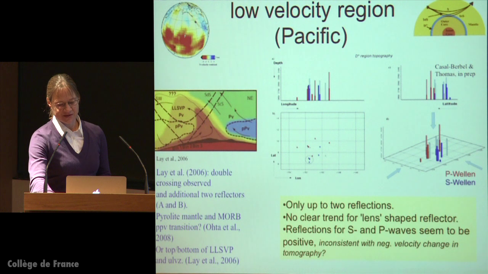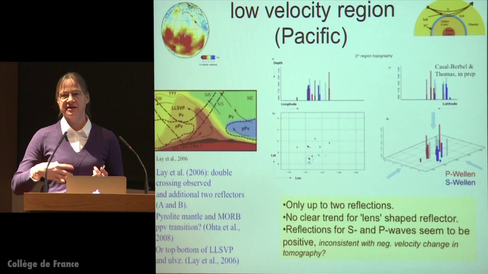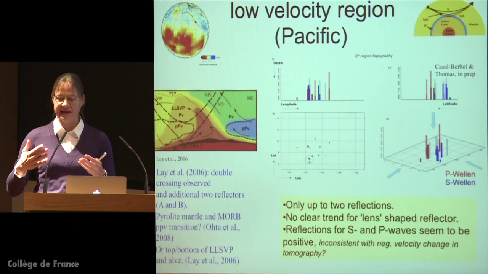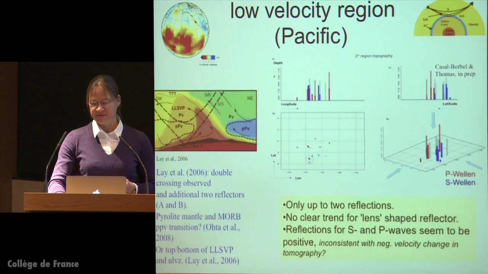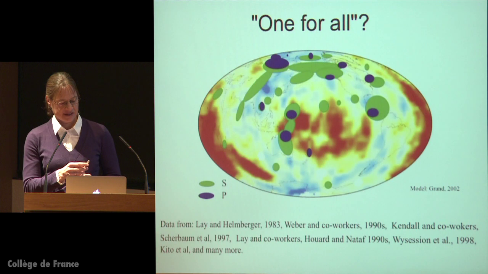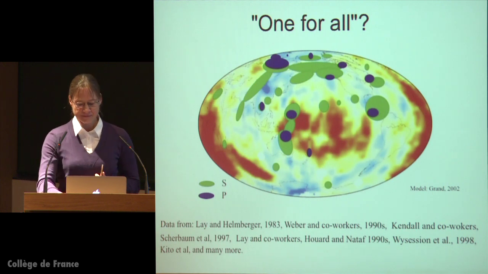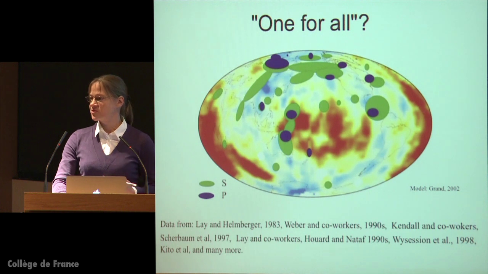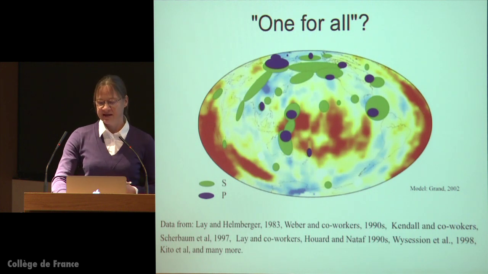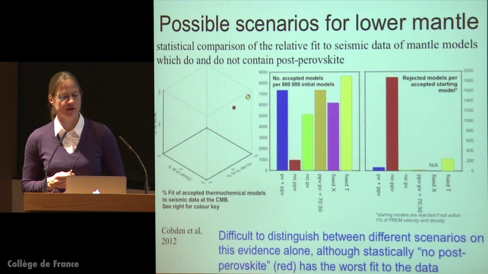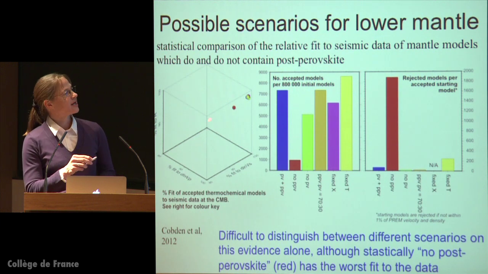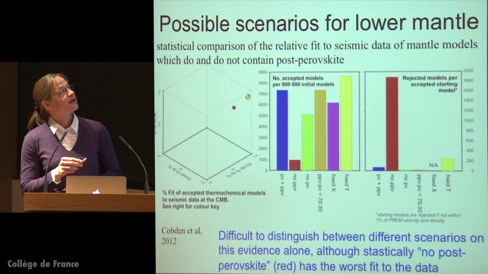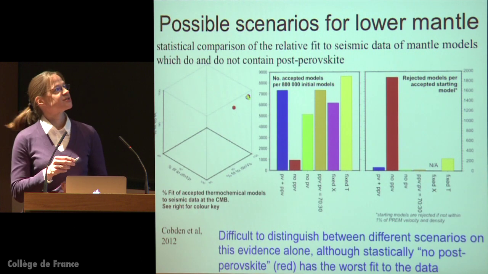So one thing that we thought about is, can we actually look with the same method at lots of different regions and then compare the data and find one explanation for all of them? And so one explanation could be, is there post-perovskite, for example, everywhere? There has been a recent study by Laura Cobden and co-workers where they look at mantle models and try to fit different models to it.